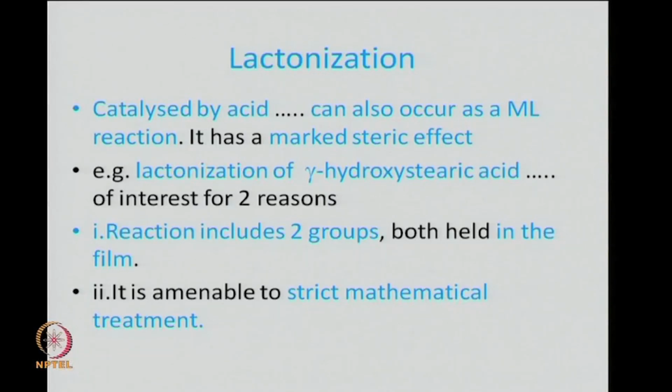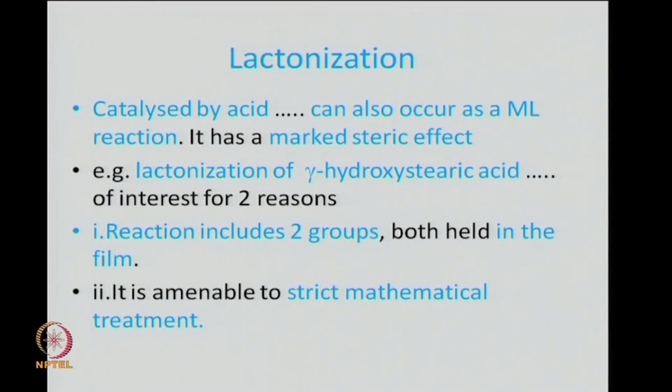How would the lactonization occur and what are the factors which might influence it, and why are we interested in lactonization over here? First, this reaction offers the possibility that we may be able to represent what is happening at the surface strictly mathematically.